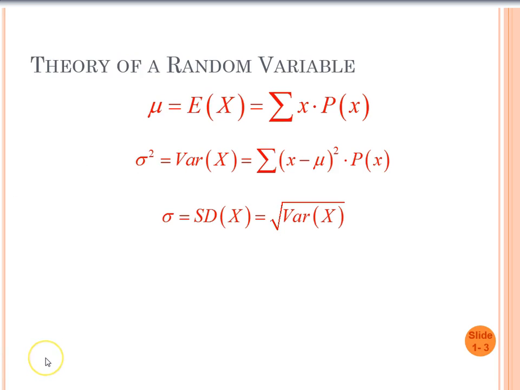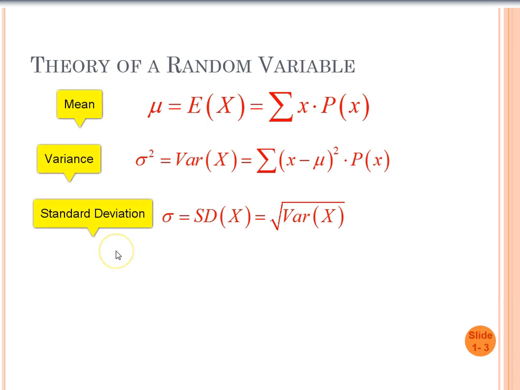So once we have a probability model, that is probabilities for every particular outcome, we can generate a mean, a variance, and a standard deviation for that random variable. So what does that mean exactly?